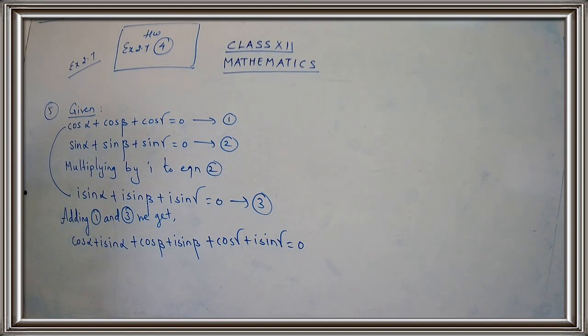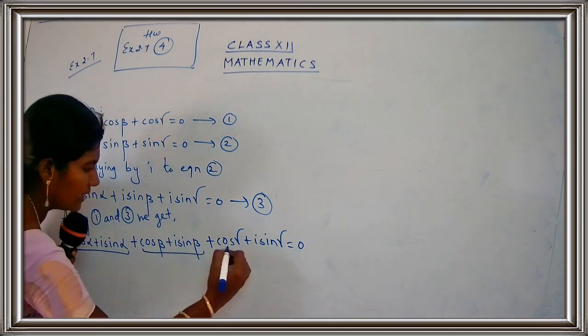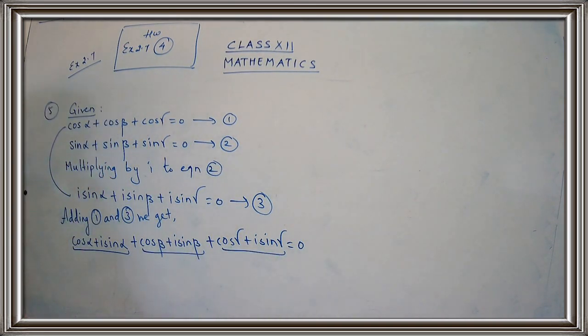Okay, so we are going to consider cos alpha plus i sin alpha as Z1, cos beta plus i sin beta as Z2, and cos gamma plus i sin gamma as Z3.